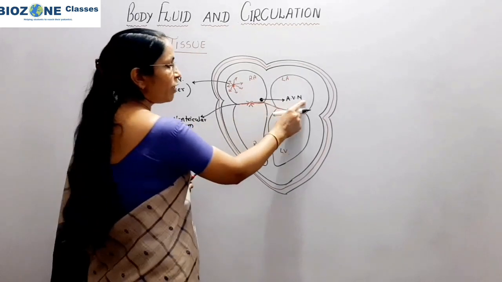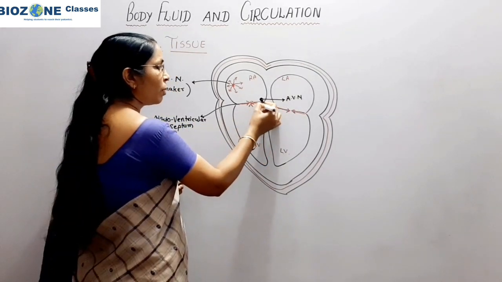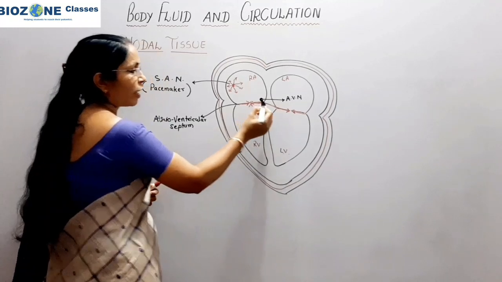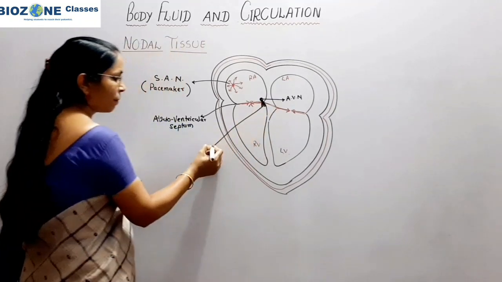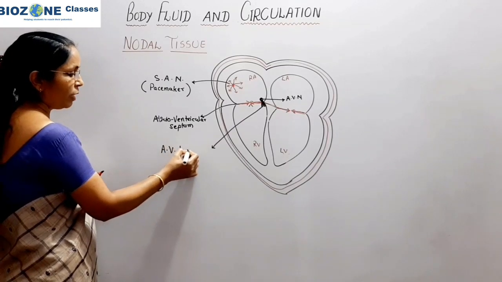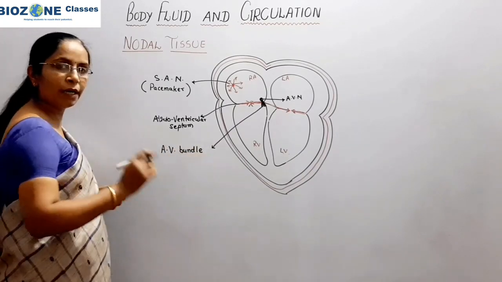Okay, now from the AV node one bundle of cardiac tissue or cardiac muscle is developed. This bundle is called the atrioventricular bundle or AV bundle.